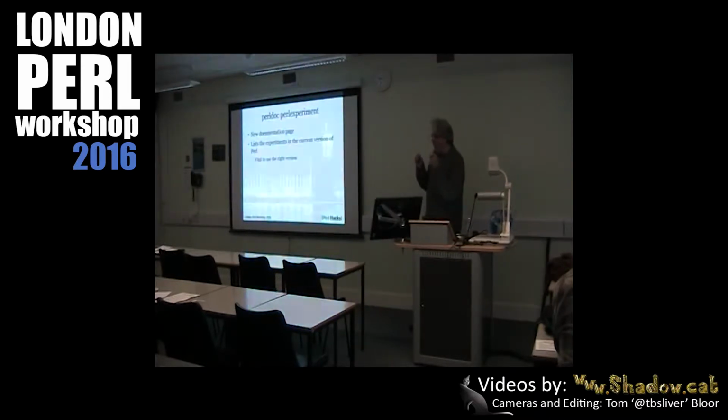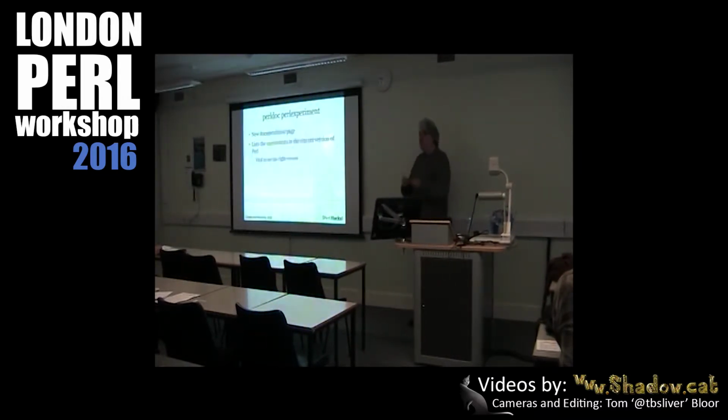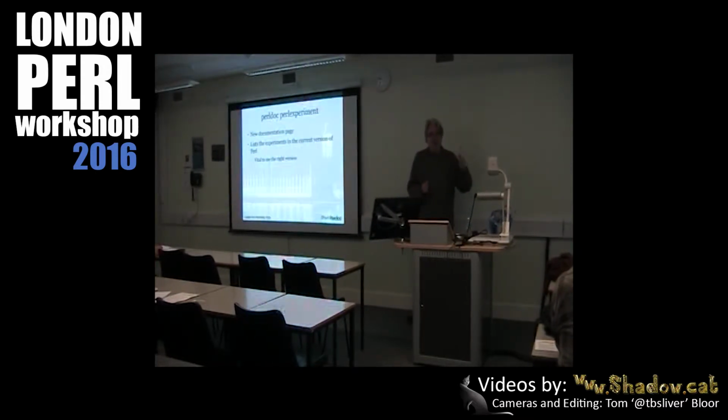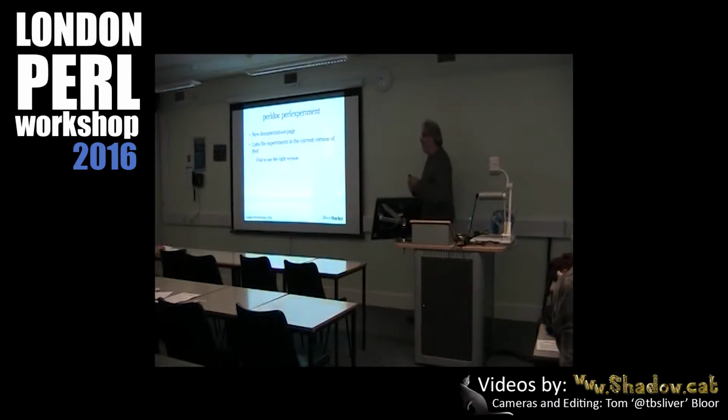Often when people talk about the documentation that comes with Perl, they will say, go to perldoc.perl.org to read the manual pages. If you're looking at something like perldoc perlexperiment, which changes each time a new version of Perl comes out, it is vital that you use the right version of the perldoc. Otherwise you're going to get broken information, out-of-date information.